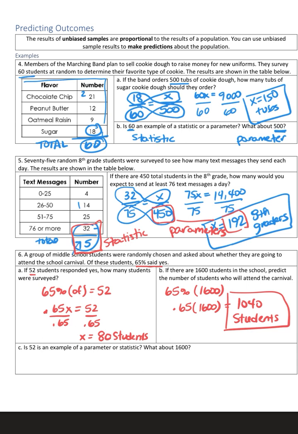And then is 52 an example of a parameter or a statistic? So 52 was the part. So 52 is a statistic. 1,600 was the whole population. So that was the parameter. That's an E. Alrighty, and that's all there is to that. So if you have any questions, just let me know.